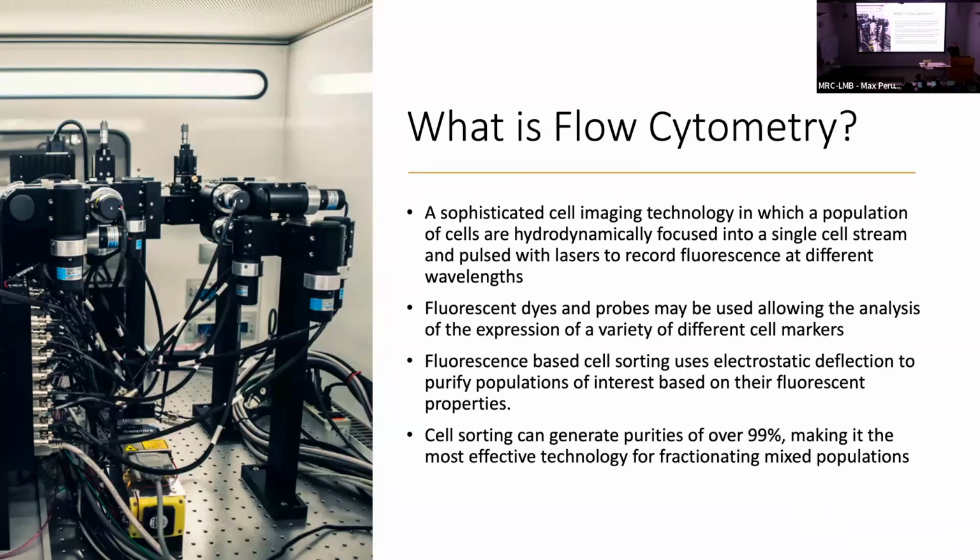And I kind of see flow cytometry as a perfect technique for very impatient scientists. So if you want results really fast, then pretty much flow is for you, because it gives you results in a very high throughput manner.